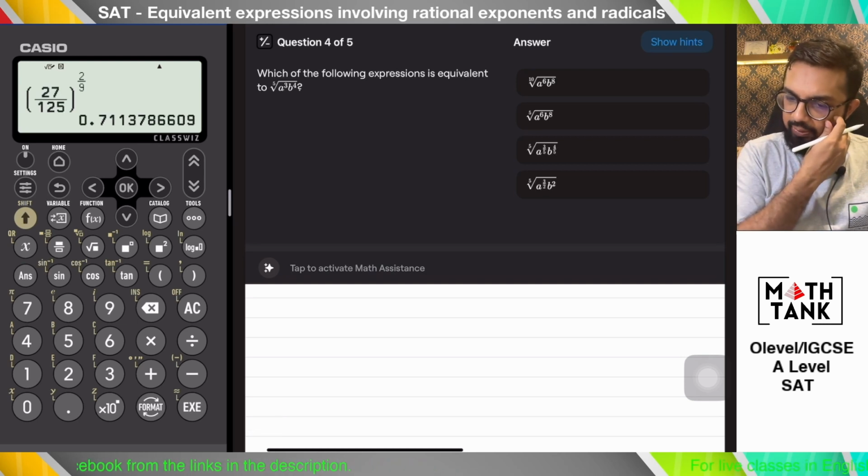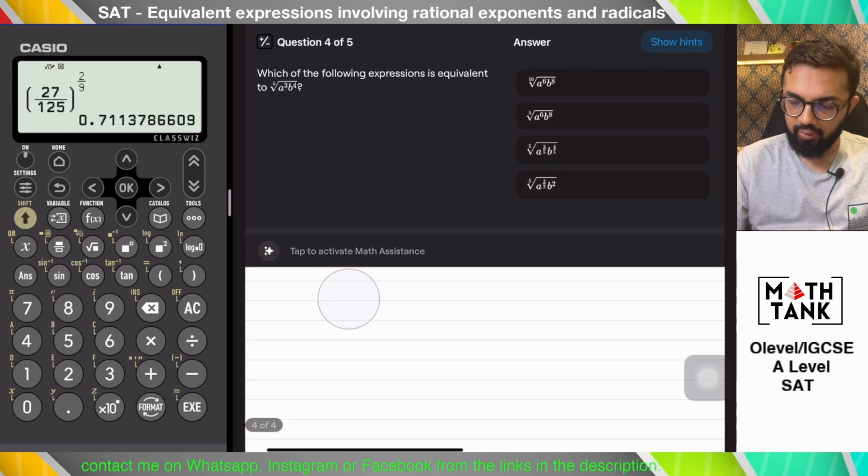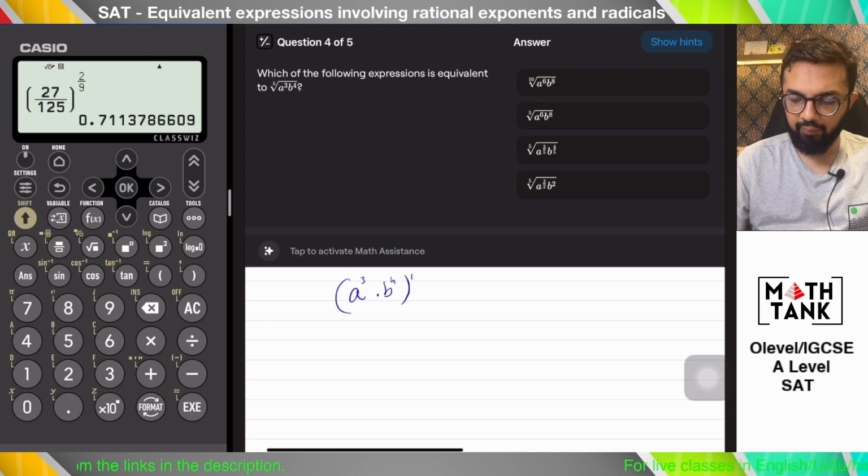Question number 4 says which of the following expressions is equivalent to this? I don't see any other simplification. Yeah, an equivalent expression. Okay, so this would become a power 3 and b power 4 into 1 over 5.